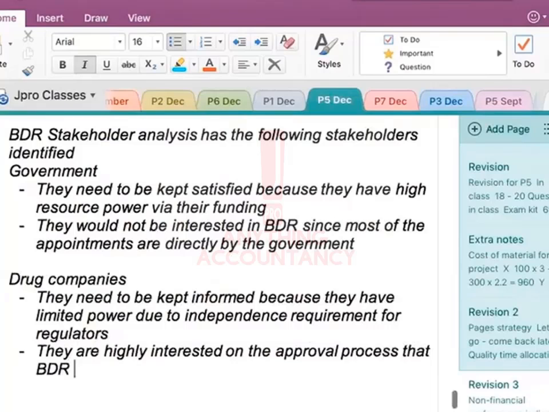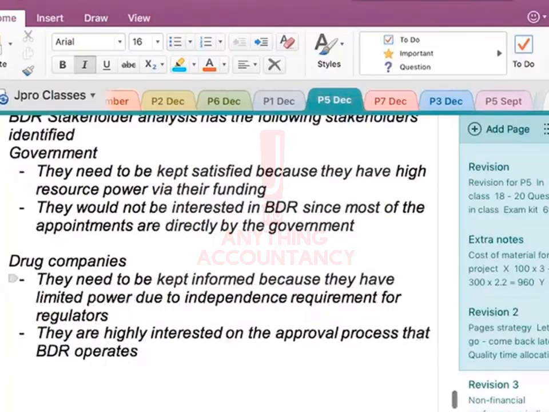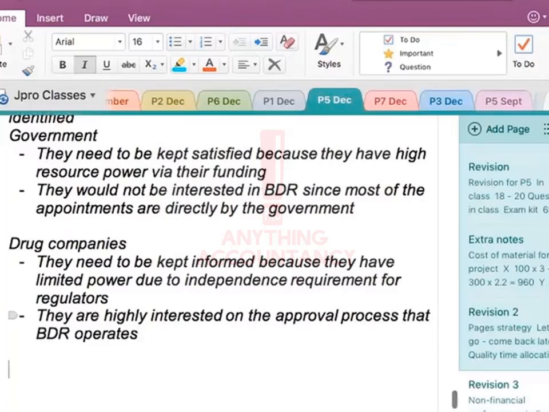How BDR operates. Okay, does it make sense to you?